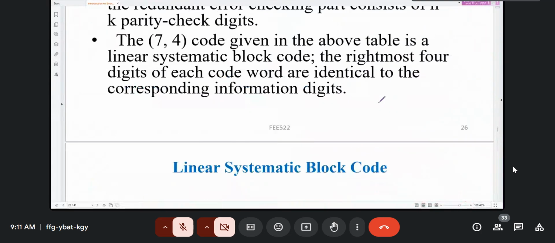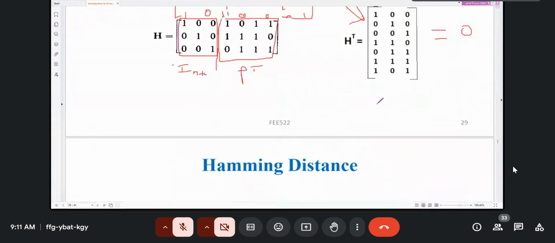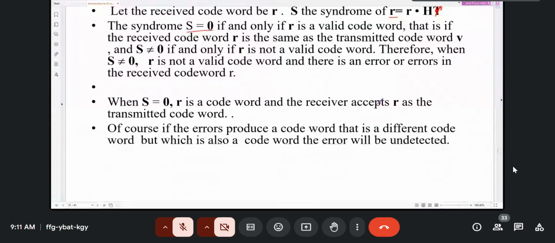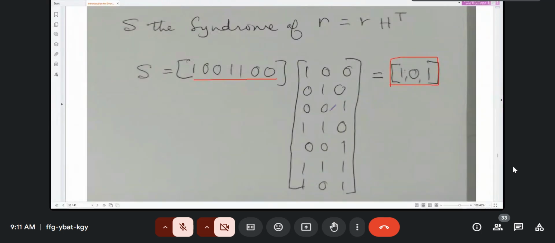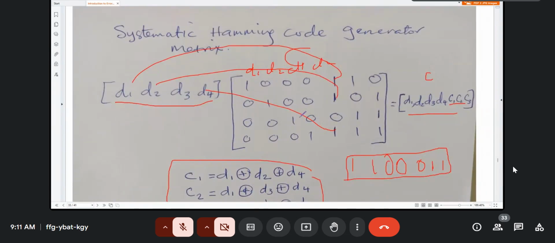Sorry, there's a problem with this, because my generator matrix is not the generator matrix in the example, so it cannot be that.